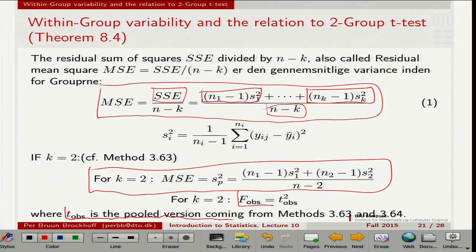Then the F that I have shown you is mathematically equivalent to the t-test statistic of the pooled version of the two-sample t-test. There's an exact mathematical equivalence there, such that the statistics you do would be exactly the same.